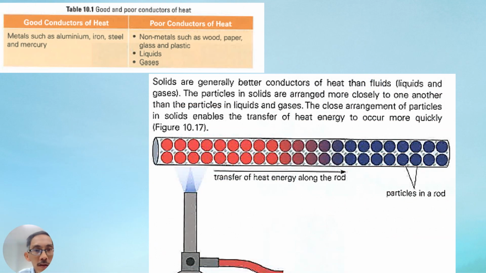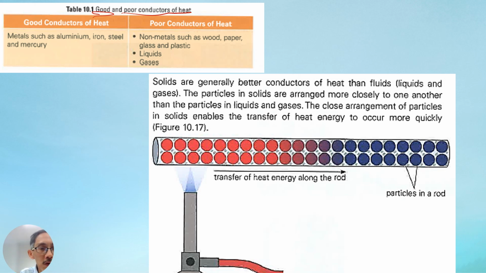Let's continue from the earlier slide. Right on the top, you can see in the table good conductors and poor conductors of heat, which I think most of us are aware of.